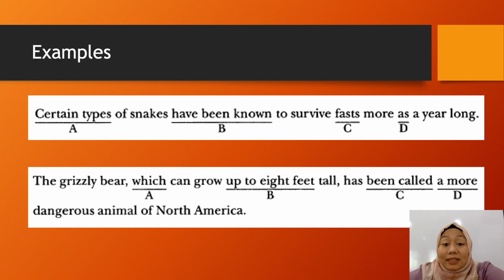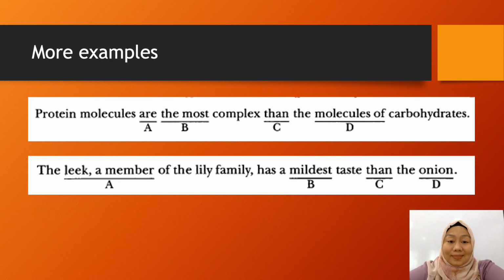Okay, now let's take a look at some more examples of TOEFL questions, especially for comparative and superlatives. Let's take a look at the first one here. Protein molecules are the most complex than the molecules of carbohydrate. What makes the sentence incorrect?